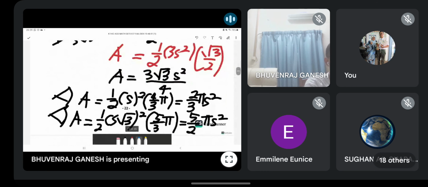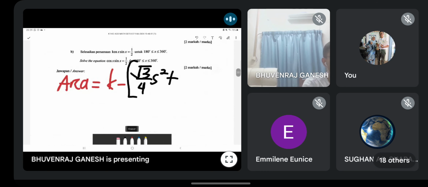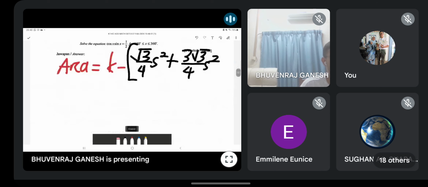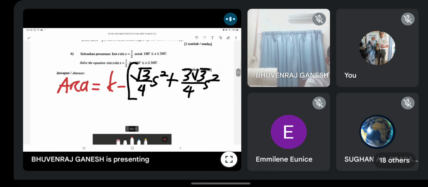So then the second area, 3 sub 3 over 4 s square. And then 2 more areas, these two. Okay, 2 over 3 pi and 5 over 2 pi s square.